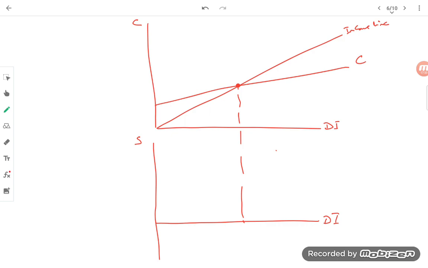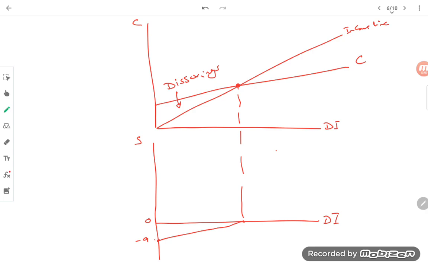So in the first case, as we said, that consumption is greater than income, there is negative savings. This is the origin, we are going to start from a negative value. This is negative value, and this is positive. This is negative A, for example. And then the value is increasing till we reach the point of intersection of income and consumption line.